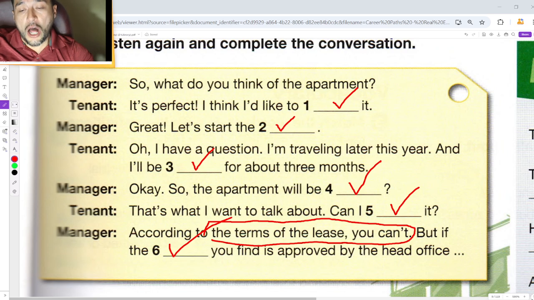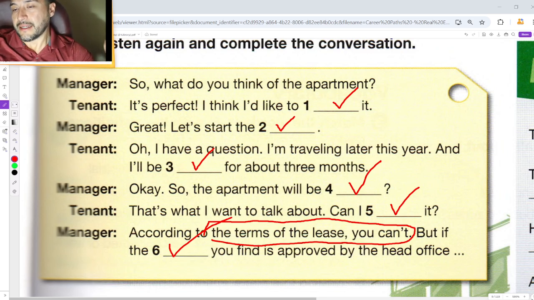Okay, so the apartment will be vacant? That's what I want to talk about. Can I sublet it? According to the terms of the lease, you can't. But if the subtenant you find is approved by the head office... Of course.